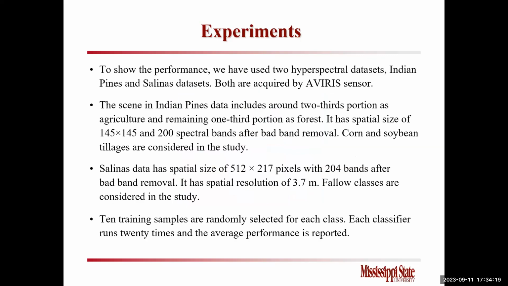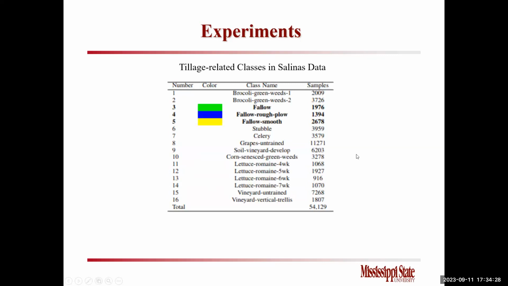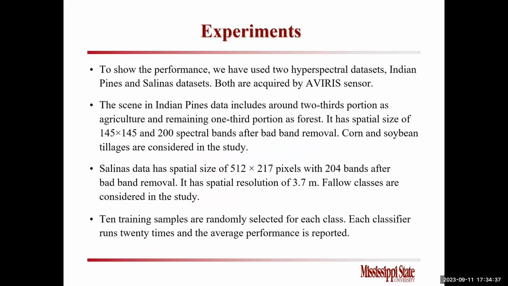For the Salinas data, the spatial resolution is 3.7 meters, and we have three classes used for classification. In the experiment, we only choose 10 training samples for each class and the rest of the samples for testing. Each classifier runs 20 times, and we show the average performance.